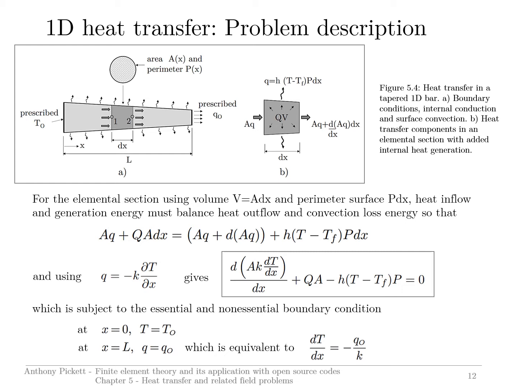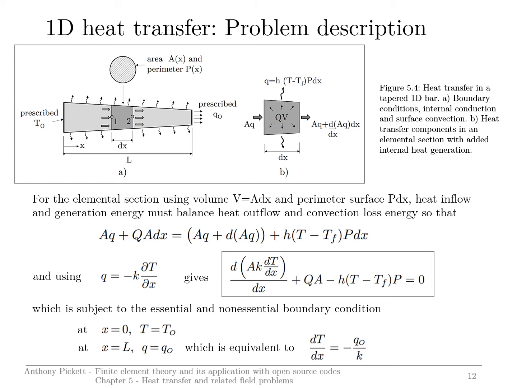So this prescribed flux is in fact a non-essential boundary condition. In this case, we only consider convection heat loss around the perimeter. So this bar is a rod in shape, a tapered rod.